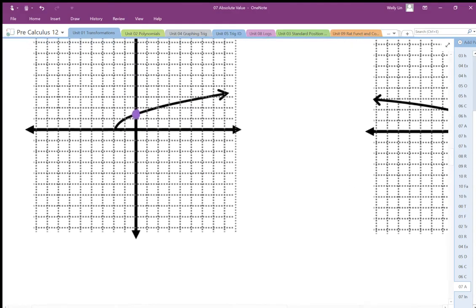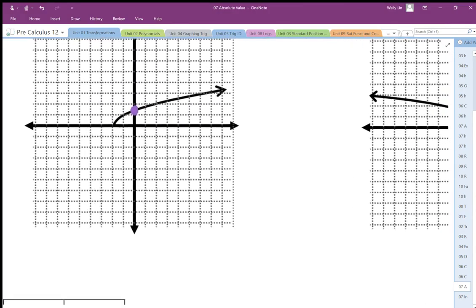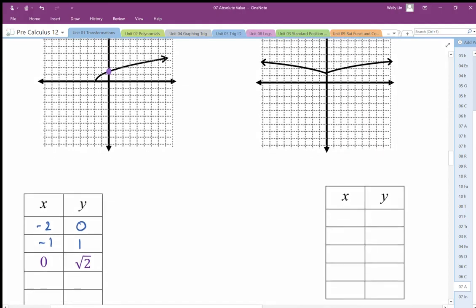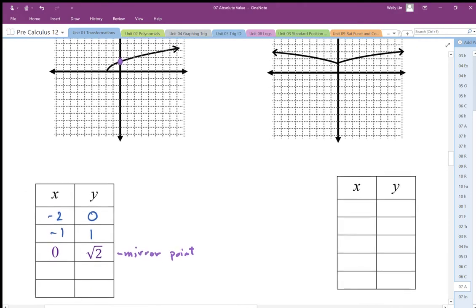It's the mirror point. That little purple dot represents the mirror point, and it's useful when we're drawing the function. So there's my mirror point right there. Maybe I'm going to label that. This is my mirror point. That's where my symmetry is going to be shown when I do my absolute value.